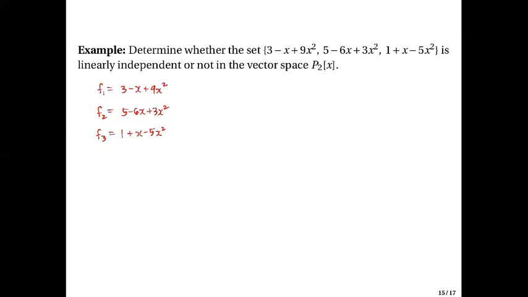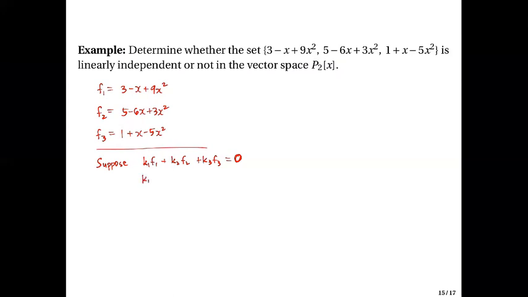So again, the start of the solution will be, suppose k1 F1 plus k2 F2 plus k3 F3 is equal to the zero vector. The zero vector in the space of polynomials is just your zero function. Now, let's write this.